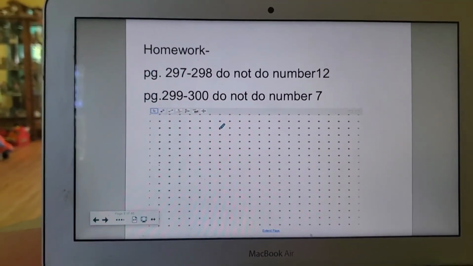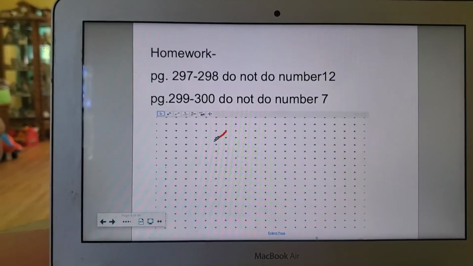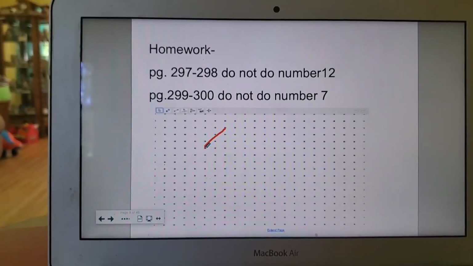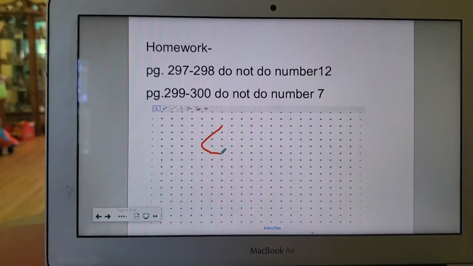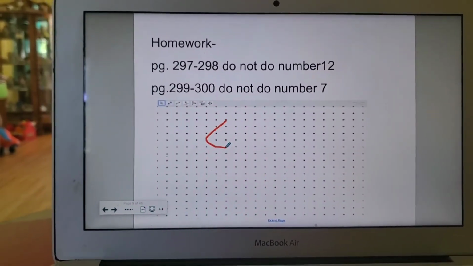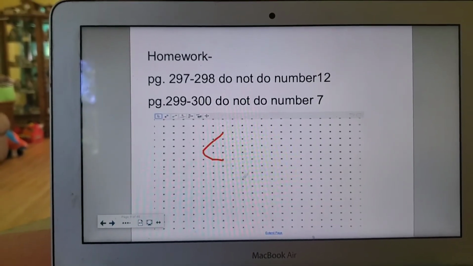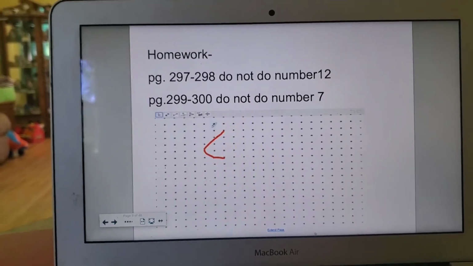All right, so for number 1, this is what the shape looks like here. Let me get it. Trying my best. So it looks like this right now. It's an open figure because there is no side here, and if you put a little ball in there, it would come on out.